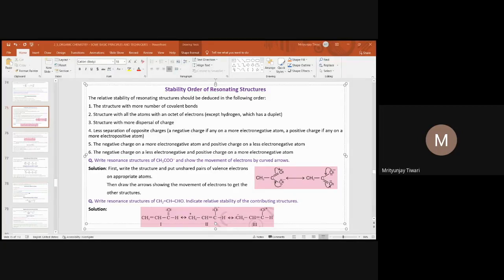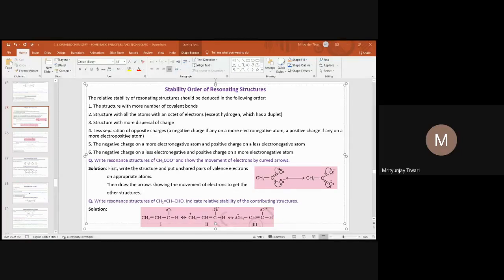What happens in the next structure is that the p orbital of this carbon atom is now not interacting with the p orbital of this carbon atom, but it is interacting with the p orbital of this other carbon atom, and thus the electron from this pi orbital is shifted to this position finally.